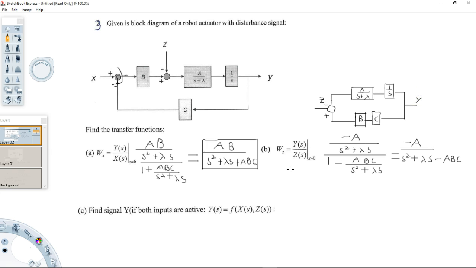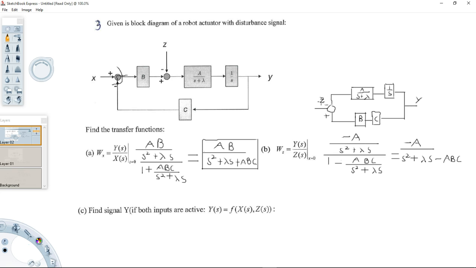So here is the equivalent control system for this transfer function. You can see that for this feedback loop going back around, you have a plus here, and that means the denominator of this transfer function is going to be a negative instead of a positive, like what we've normally been doing.